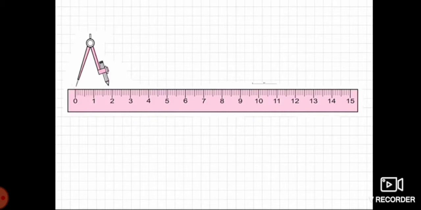You can see on the screen, in that compass you can take measurements, and then with the help of that measurement you can draw a circle and arc. So what is the main use of this ruler? The use of this ruler is to measure a particular distance or to draw a line of that particular measurement.